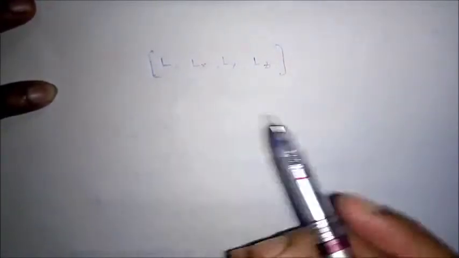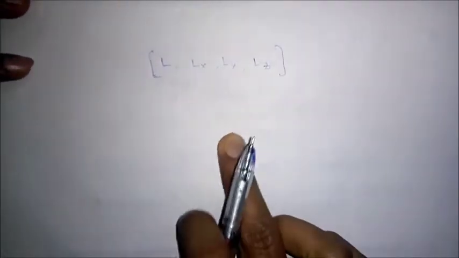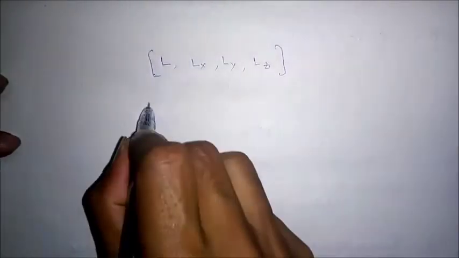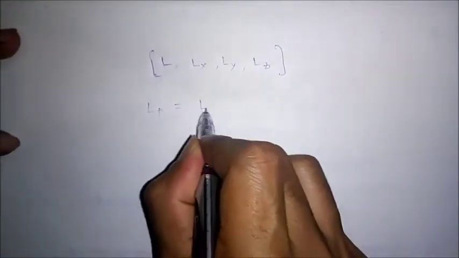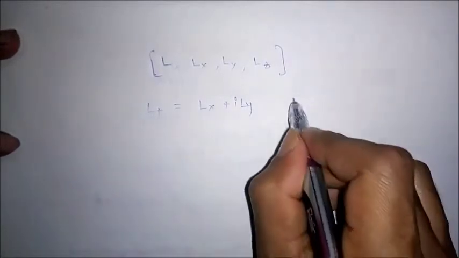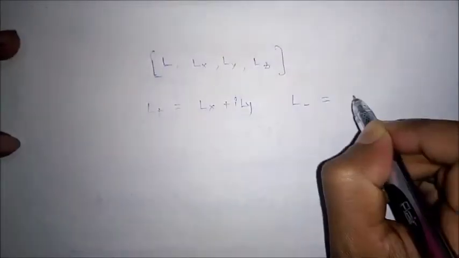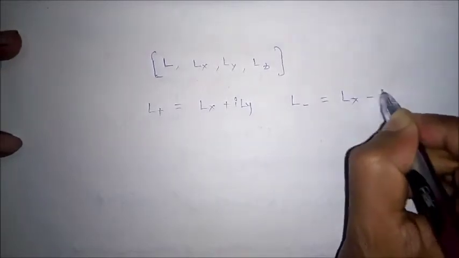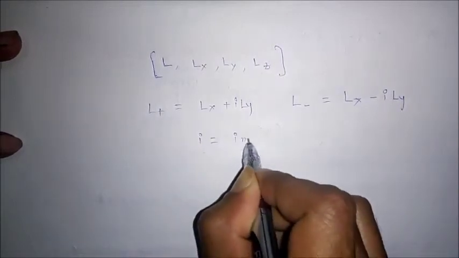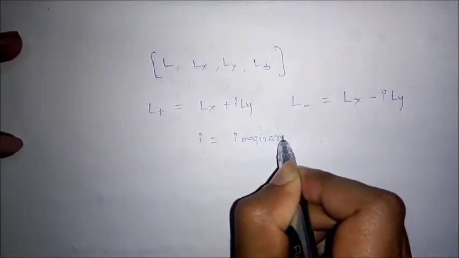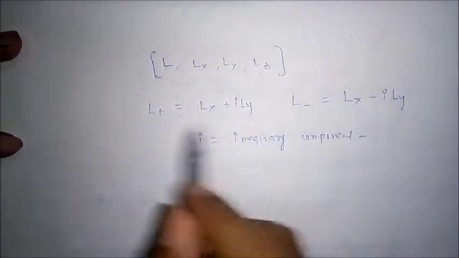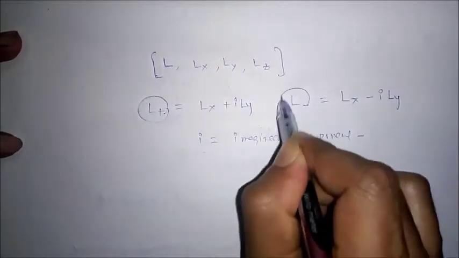Then for this, the two ladder operators will be given as L plus, where L plus is given by Lx plus i Ly, and L minus is Lx minus i Ly, where i is the imaginary unit. So these two are ladder operators.